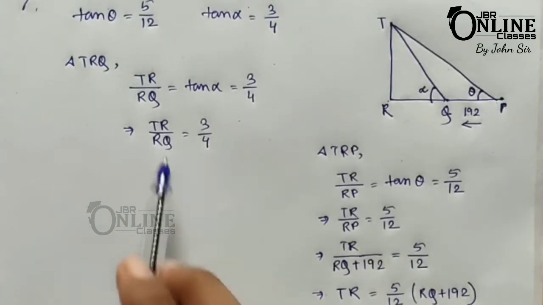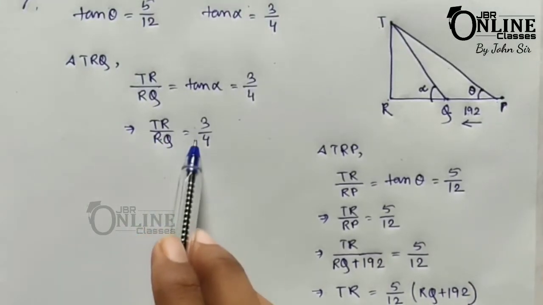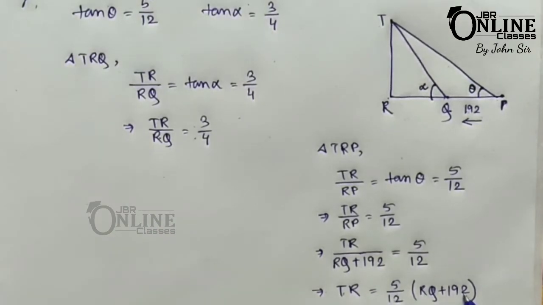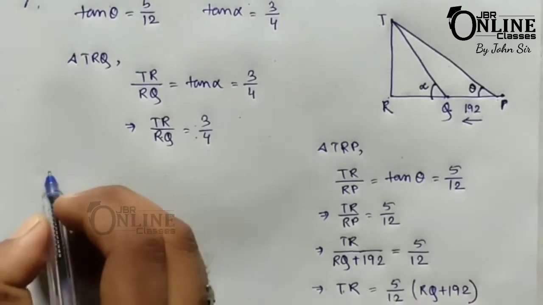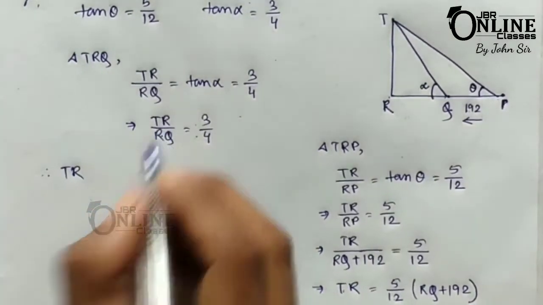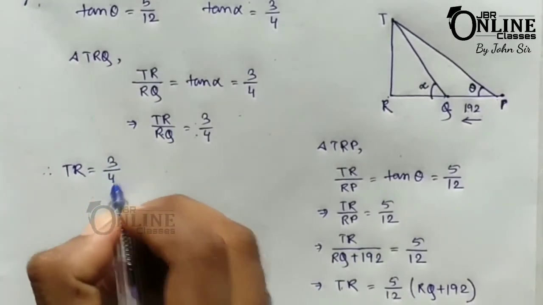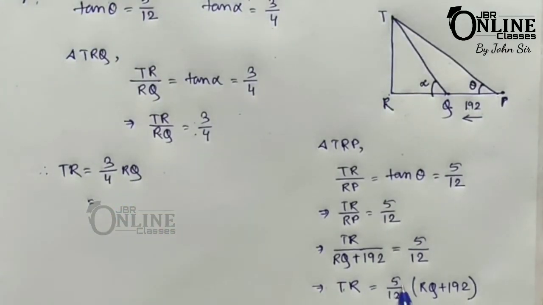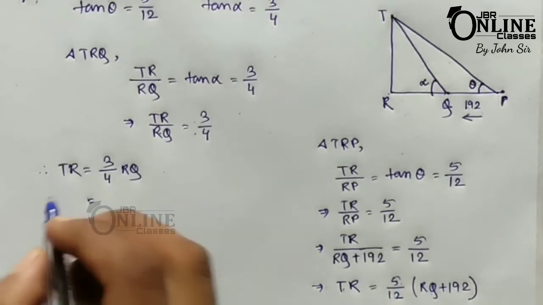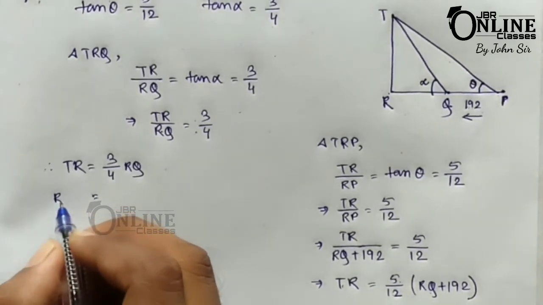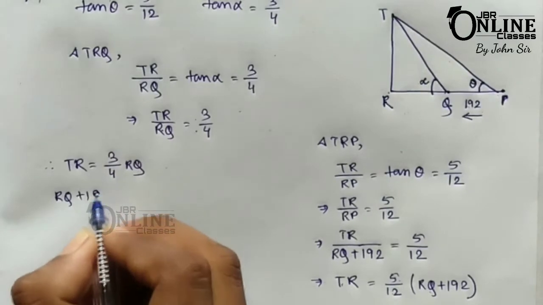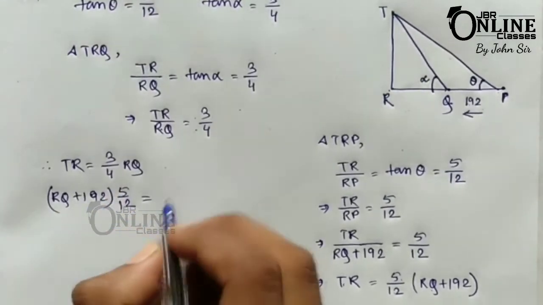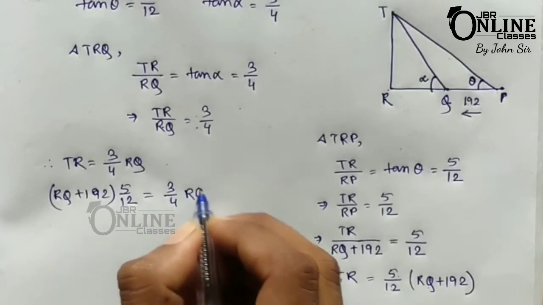So here TR by RQ equal to 3 by 4, and TR equal to 5 by 12 into RQ plus 192. So TR equal to 3 by 4 RQ. Now as TR equal to 5 by 12 into RQ plus 192, just put down the value: RQ plus 192 into 5 by 12, that equal to TR, and that equal to 3 by 4 RQ.